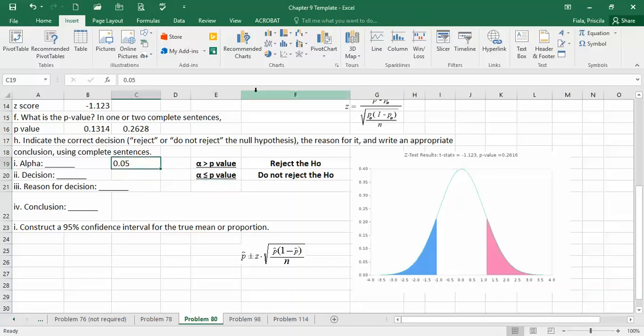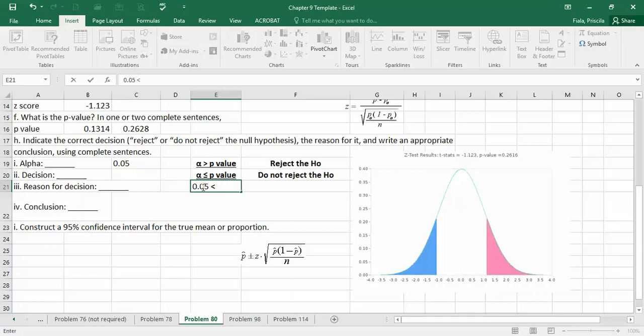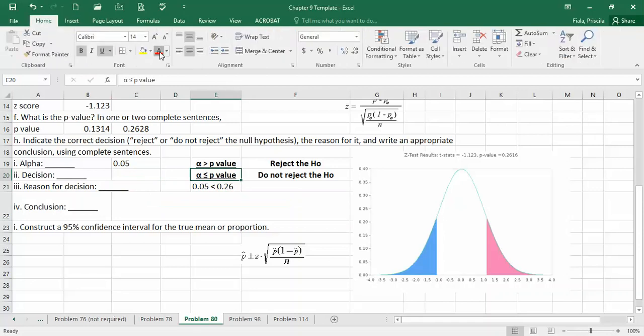Here I have 5% and here I have 26%. Therefore, my alpha is smaller than my p-value, correct? Let's just put 2 digits. So if your alpha is smaller than your p-value, what do you do? You do not reject your null hypothesis, right?